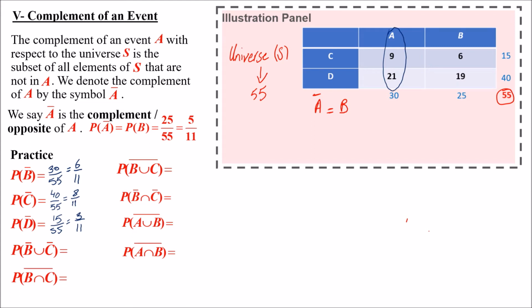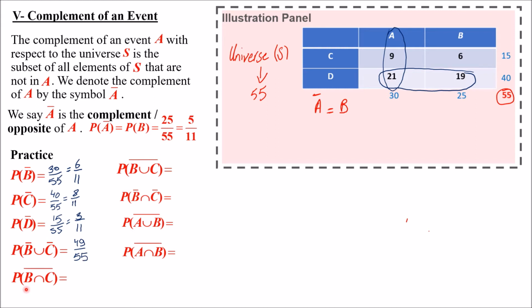And C bar is D. Therefore, this is C bar. We need to find the probability of B bar union C bar. So we count all the elements here, which are 9 and 21, 30, and 19, 49. 49 out of 55. Therefore, here we write 49 over 55.